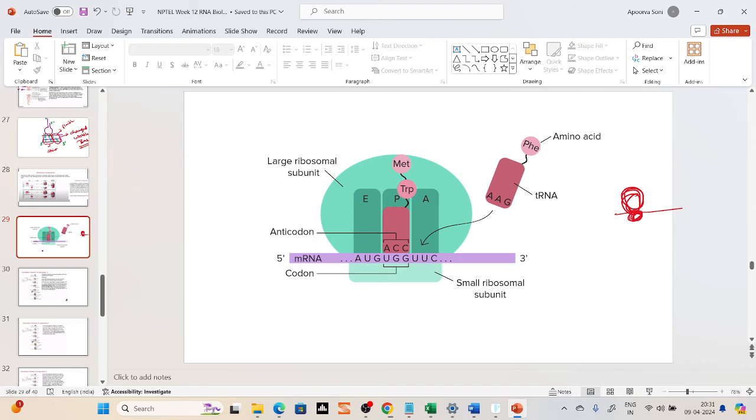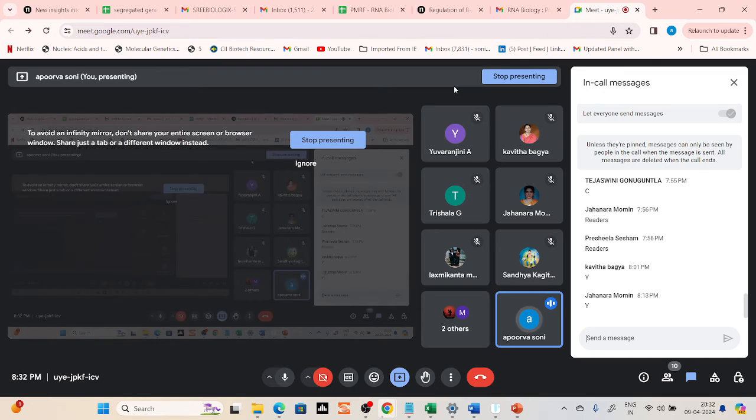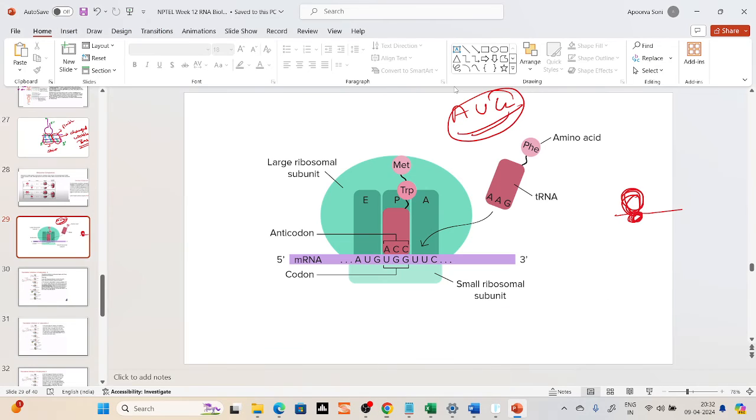The first tRNA that comes, what will it bring? It will bring methionine, which is AUG. So the first amino acid that is added is mostly methionine, which is the start codon. The first tRNA, that means the first amino acid, is always brought to the P site.